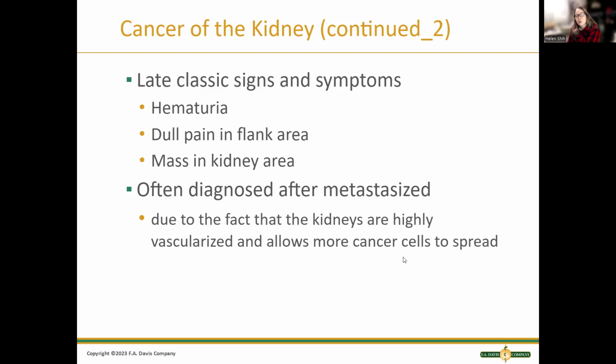So just like when we talked about the UTI, if the infectious agent gets into the bloodstream, it's now going to circulate all over the body. When it comes to kidney cancers, because these cancer cells now have access to the bloodstream to travel anywhere else in the body, if cancer cells from one part of the body get into another organ, a lot of times that cancer cell will tell the cells in that new organ to also become cancerous.